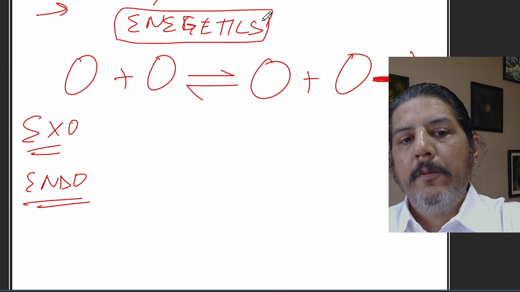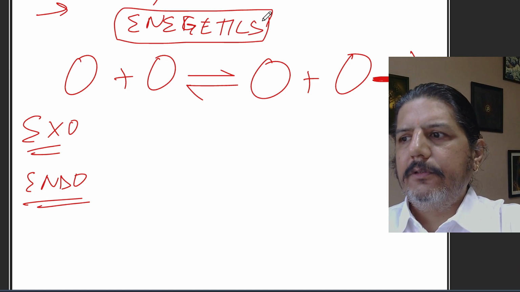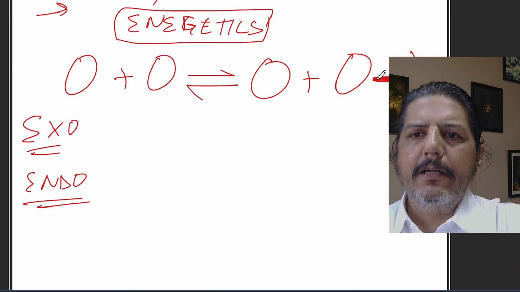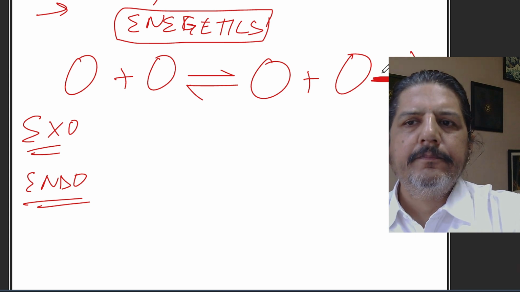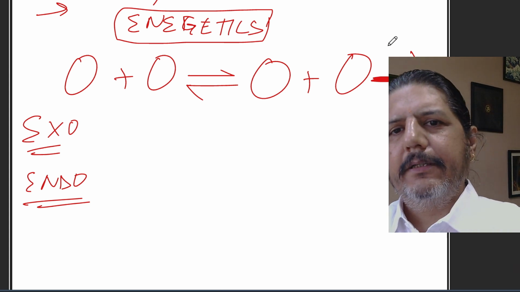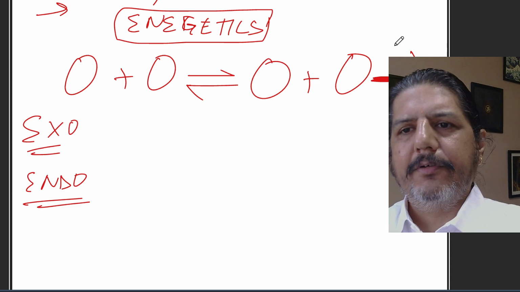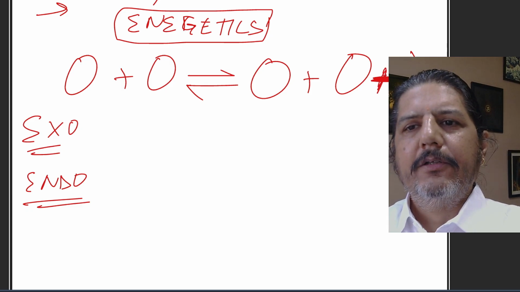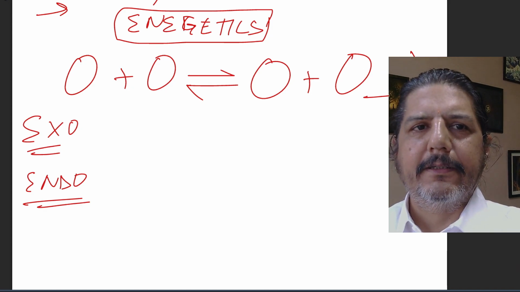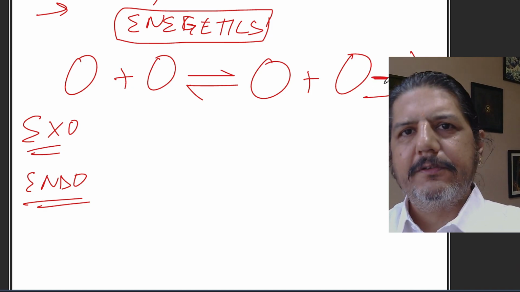In an endothermic reaction, the system absorbs heat from the surroundings. So that is why I'll write a sign like minus delta. This is just for your reference: if I'm writing plus delta here, I'm trying to say that this is an exothermic reaction, and if I'm writing minus delta here, this means this is an endothermic reaction.